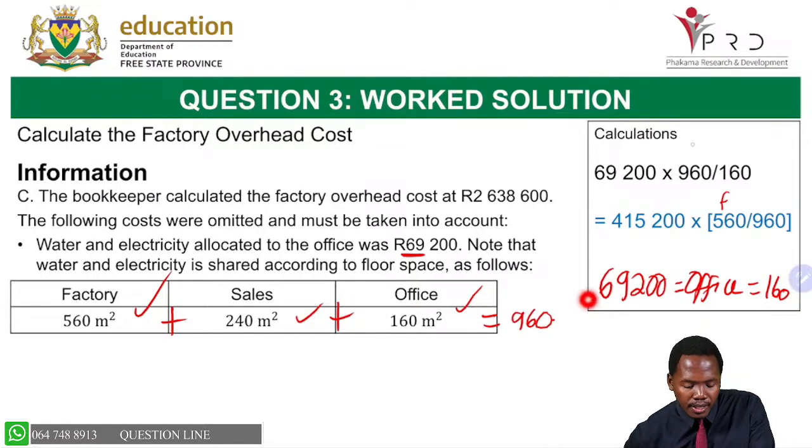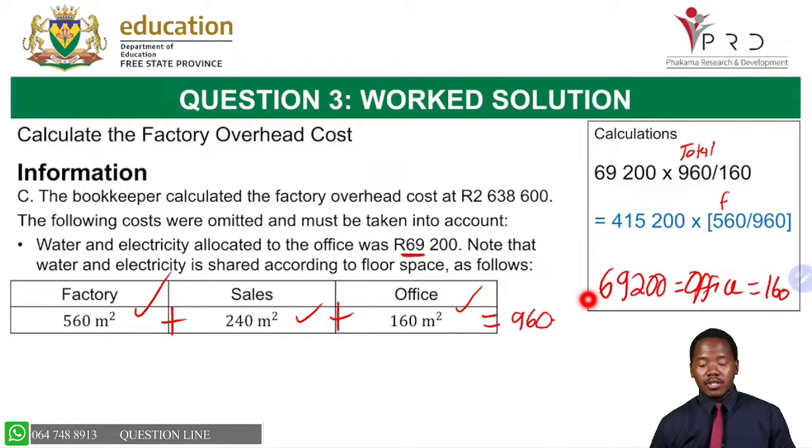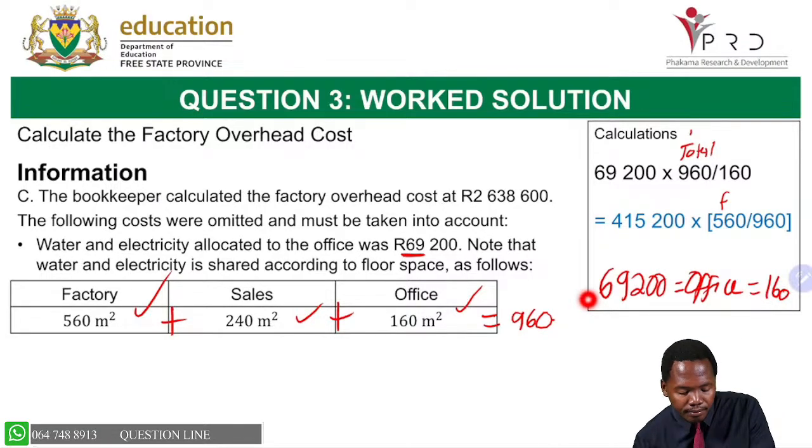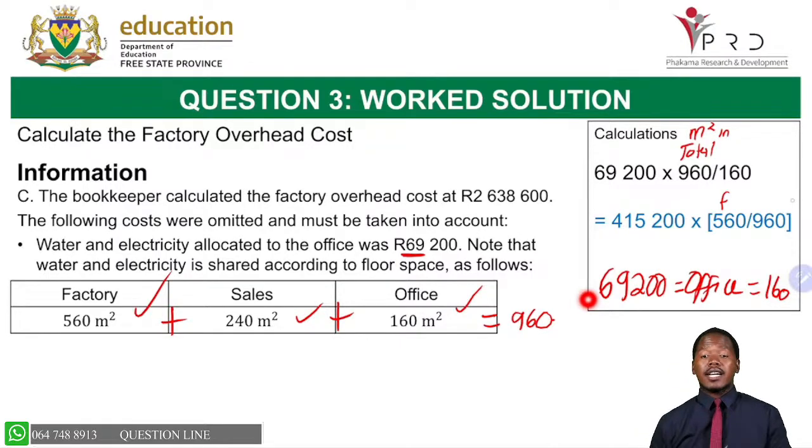Now, how do I do this? I will say the amount given multiplied by the total square meters, divided by my square meters for the office. And then we get 415,200.